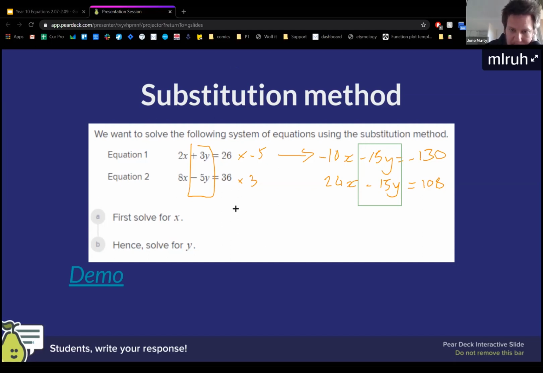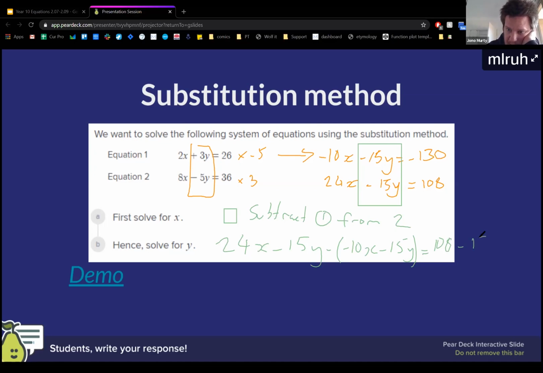So I'm going to subtract, let's take away 1 from 2. So equation 2, 24x minus 15y, and I'm going to take away minus 10x minus 15y, which means that this is 108 minus 130.